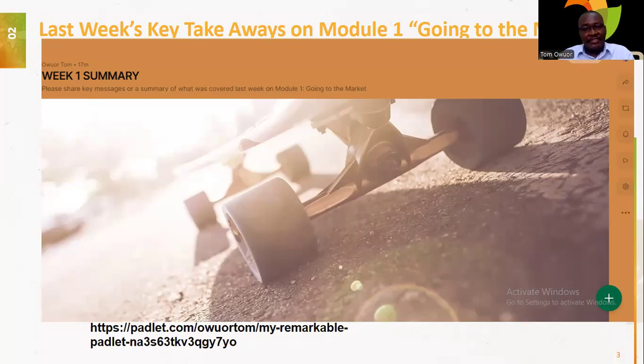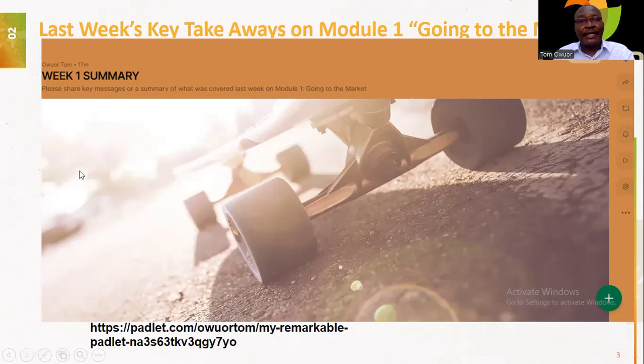The first thing we shall do is that using the Padlet, you will log onto the link that is pasted on the Padlet, and at the same time go through your charts and copy this link, then paste it on your browser. You will see the Padlet come in, and then you start giving us your answers in terms of your key takeaways on module 1.